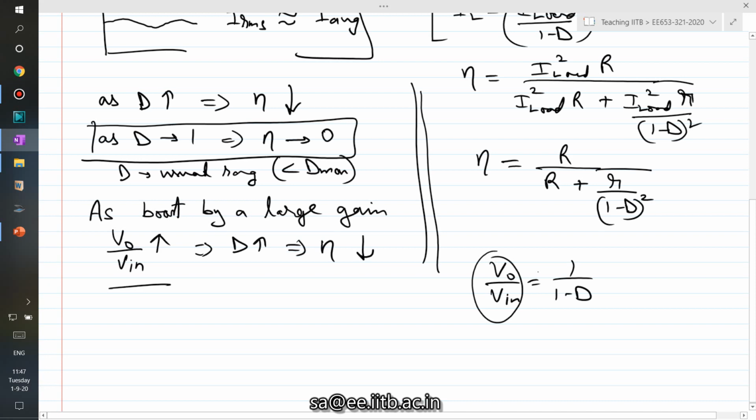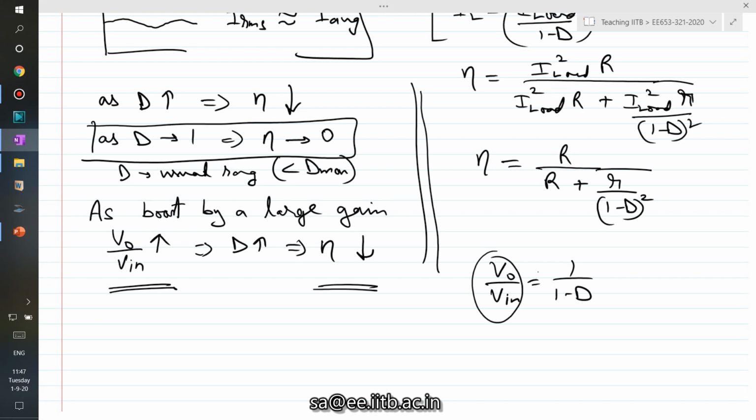So if you want a large gain, your efficiency is going to be poor. If you want a gain of 2 versus a gain of 4, with a gain of 2 generally you can get better efficiency than with a gain of 4. So that is a general idea. Even though the boost converter can boost voltage, because of these losses it cannot boost more than a certain value, maybe 4 times, 6 times, 8 times, 10 times.